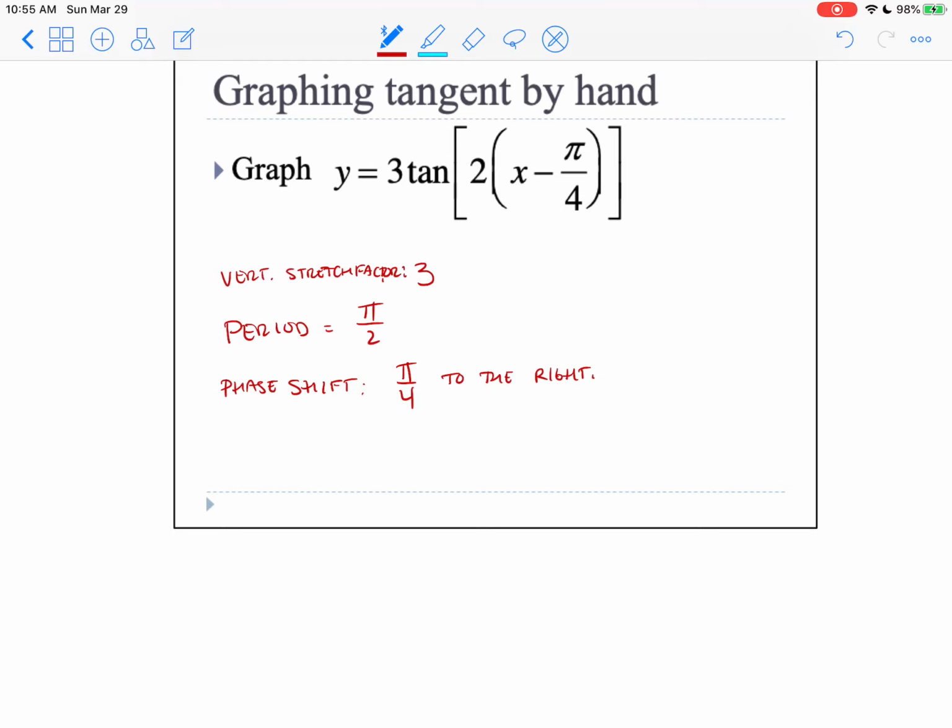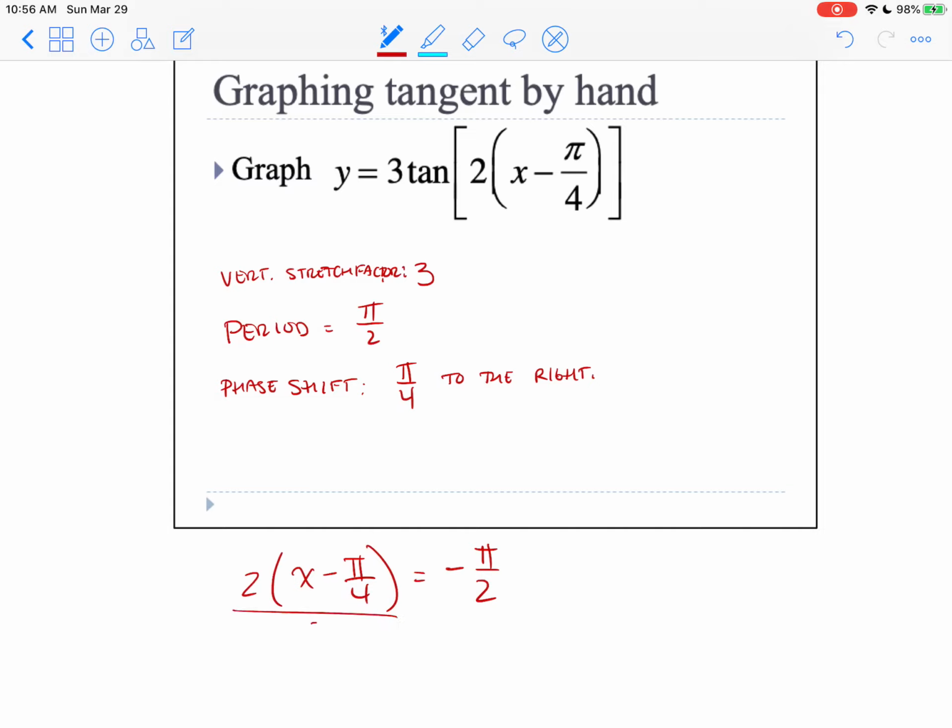And so the best way to find the first vertical asymptote is actually to take what's inside tangent. So this is what's inside our tangent function. And normally we would find a vertical asymptote at negative pi over 2 or at pi over 2. So I'm just going to set this equal to negative pi over 2. Because I know that if the overall value inside of tangent is negative pi over 2 or pi over 2, I'm going to get an undefined value out of my function.